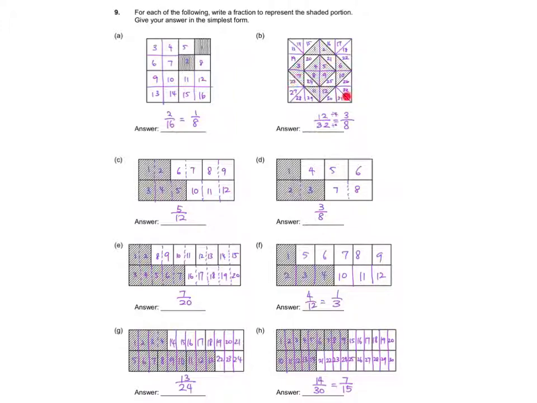Remember my method is I count all the shaded ones first. So I write down all the shaded ones, then I fill up the rest with the numbers. So I get 12 out of 32.